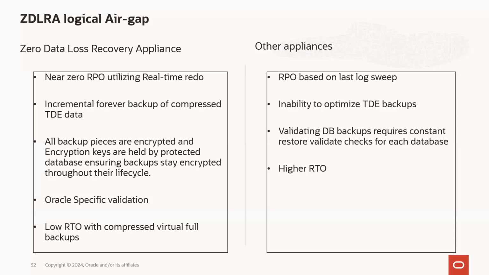You want to make sure that the full backup set you're going to restore and recover from is whole and is going to work when you go to do some sort of restore. So restore validate is critical to do. And they're going to have a higher RTO most likely, because they're not utilizing those compressed virtual full backups.